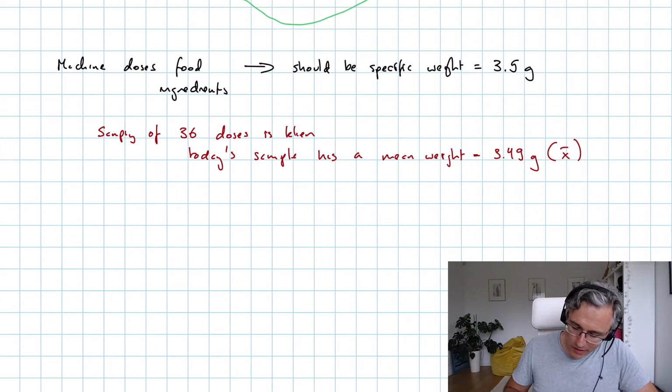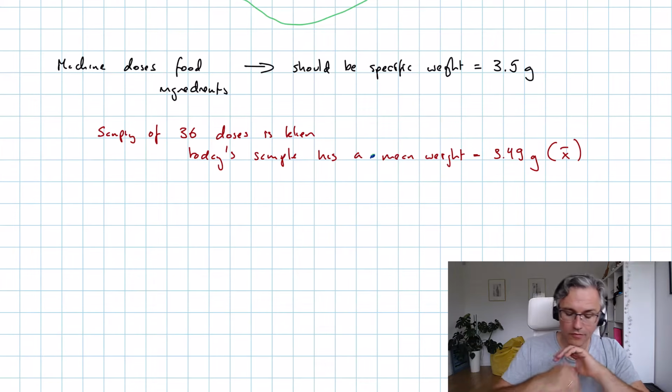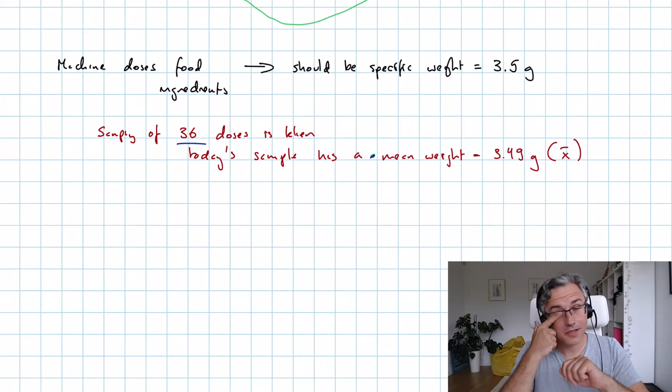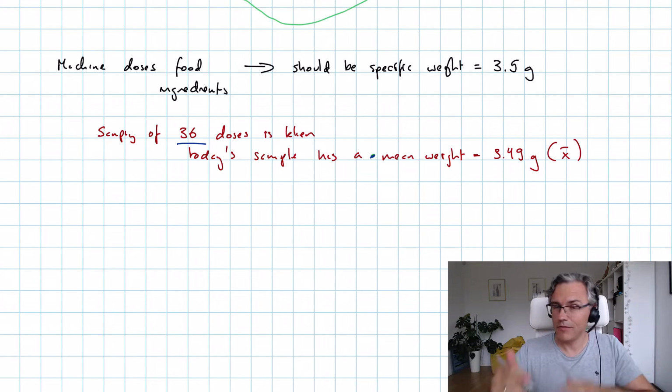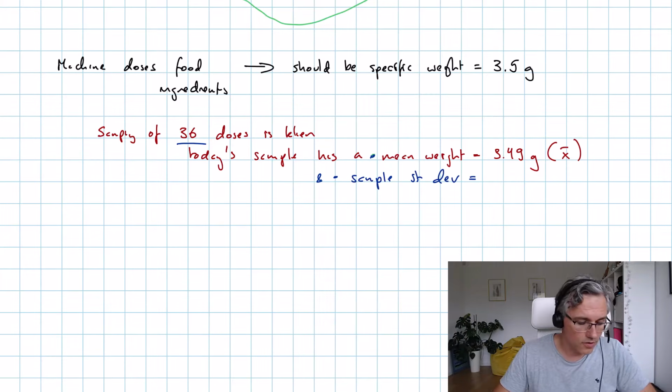Okay, what else? We don't just have a mean weight, we also have a sample standard deviation. Within the 36 doses of that sample, we calculate all the weights, we produce a mean value, but we also have a sample standard deviation, which is going to equal 0.03 grams.